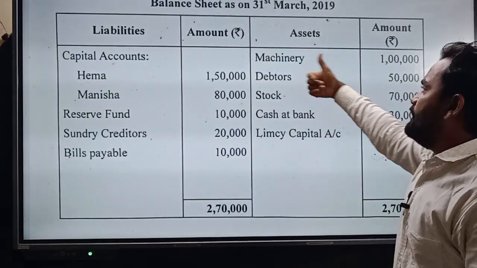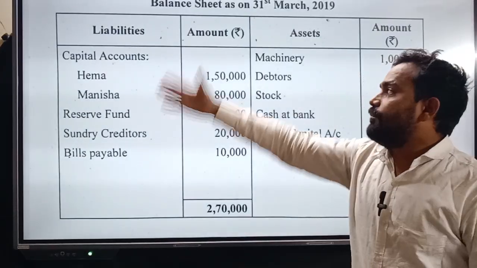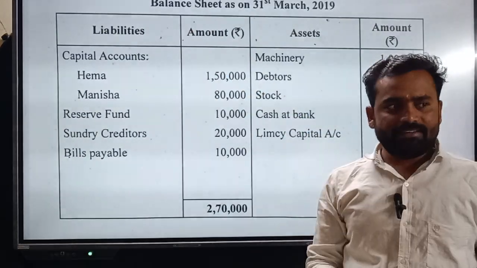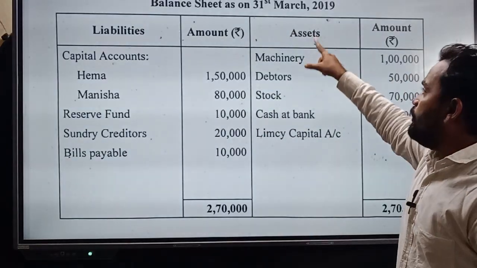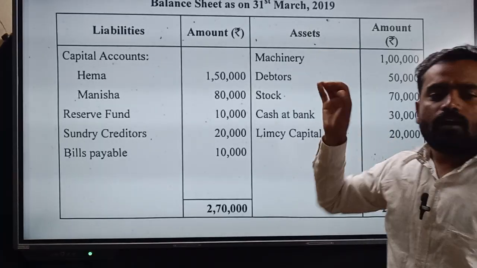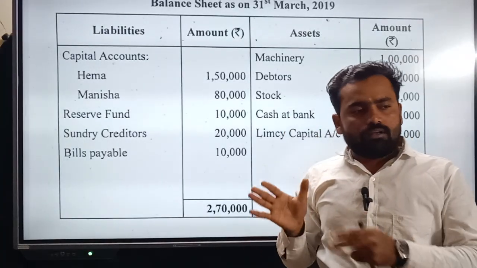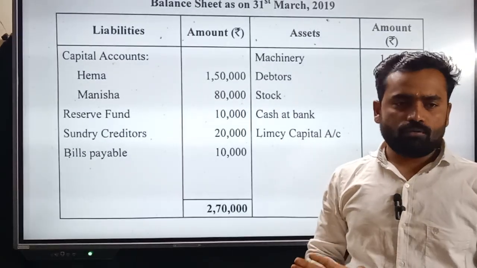So this is the meaning of the ratio. The liability side and asset side are given here, and you know that the liability side transfers to the credit side and the asset side transfers to the debit side, because the liability side means credit side and the asset side means debit side, and account rules say that debit transfers to debit side and credit transfers to credit side. It is a simple rule.